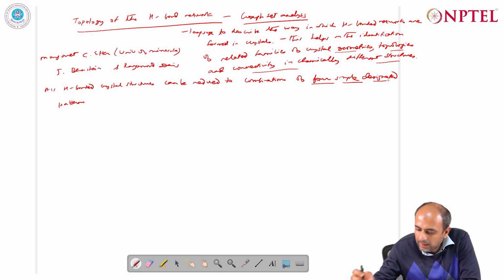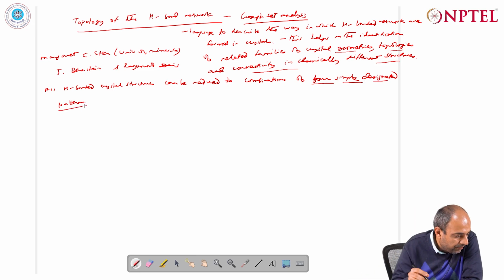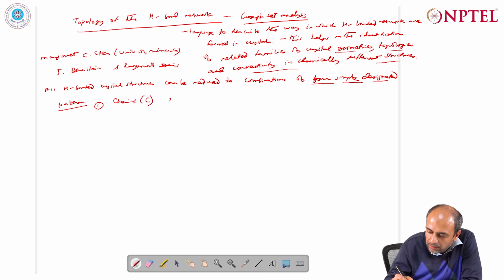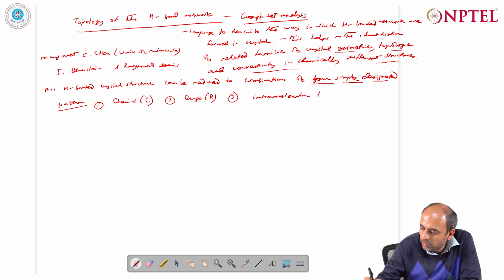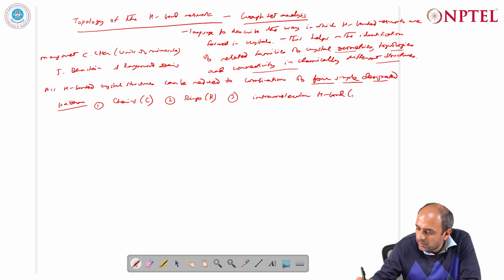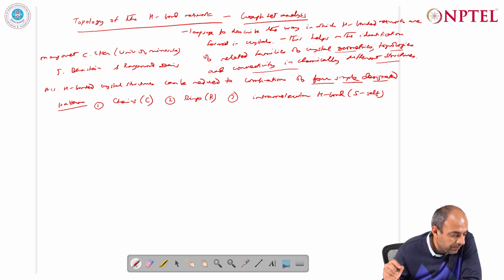Number 1 is chains, which we represent as C. Number 2 is rings, which we represent as R. Number 3 is an intramolecular hydrogen bond, which we represent by S, which stands for self.